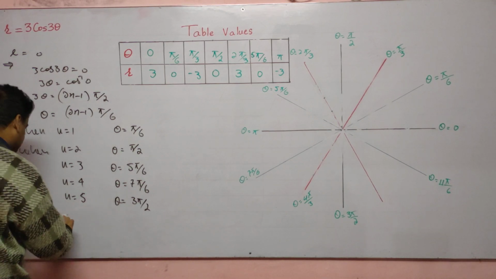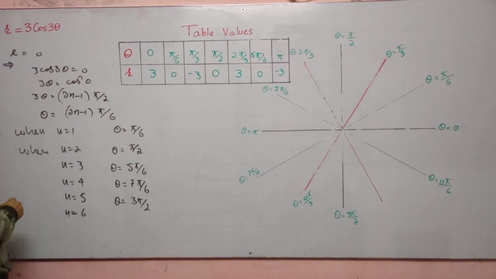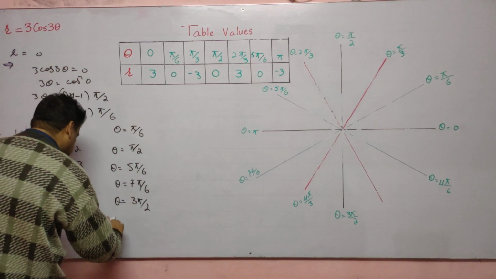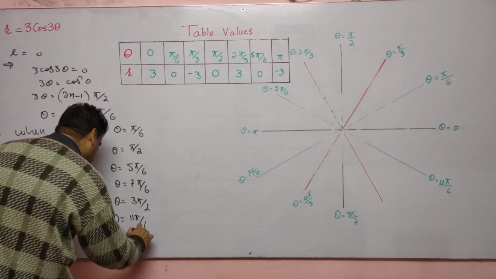And when n is 6, the value of θ is 11π/6.